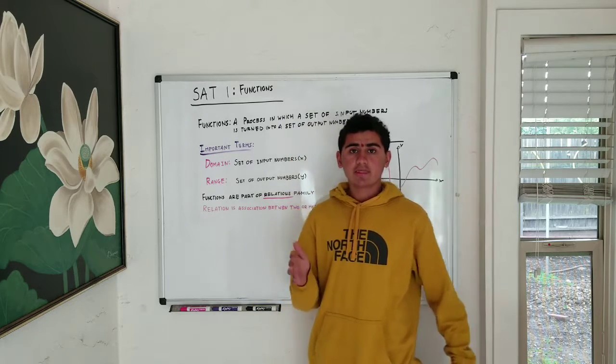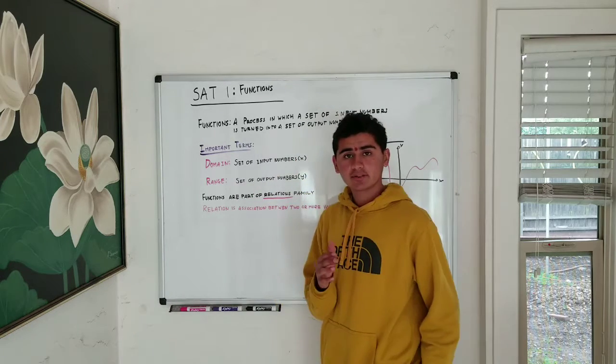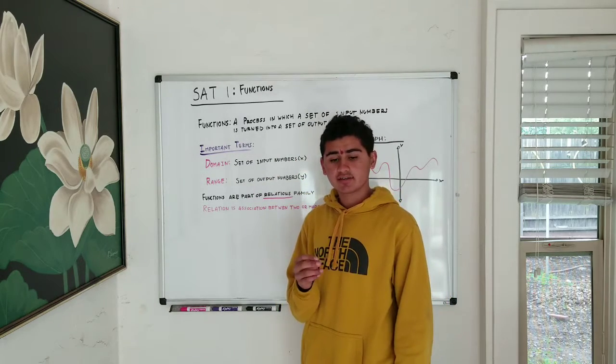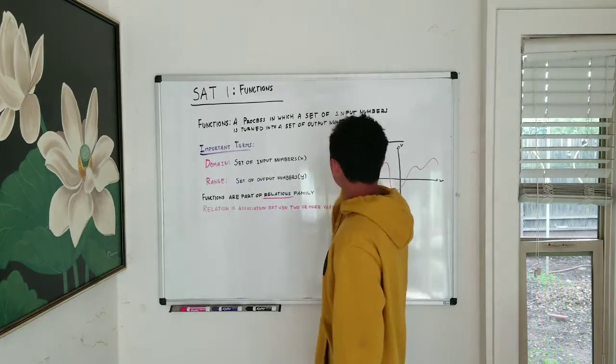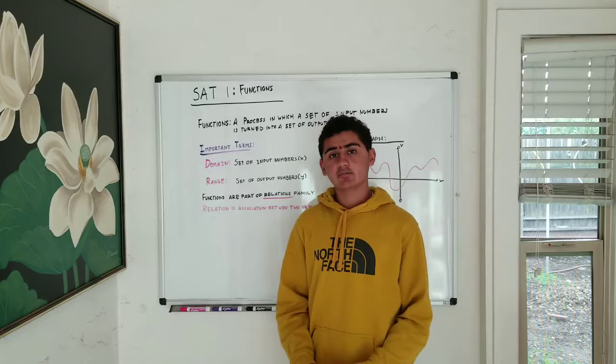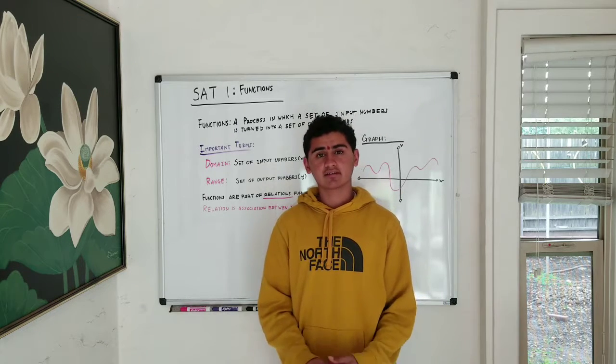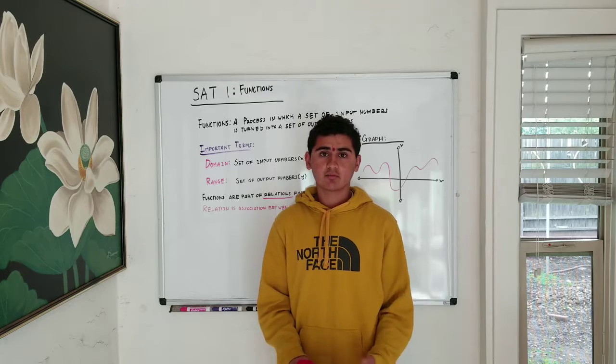And so that is kind of what this is saying. One of the things you always have to keep in mind is that the input and output are considered variables, where the input is usually the x and the output is usually the y.